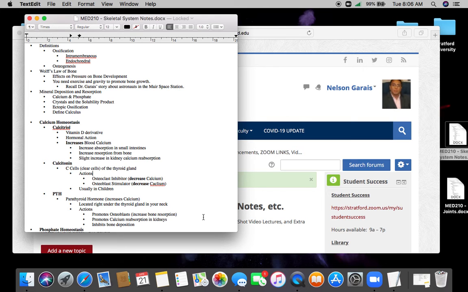Calcitonin is created in your C cells, near your thyroid gland, in your throat, your cervical area, and it's an osteoclast inhibitor. So what will it do? If your bone isn't breaking down, neither is calcium getting released, right? And also it's an osteoblast stimulator, which will do what? Take whatever calcium you have and build up.